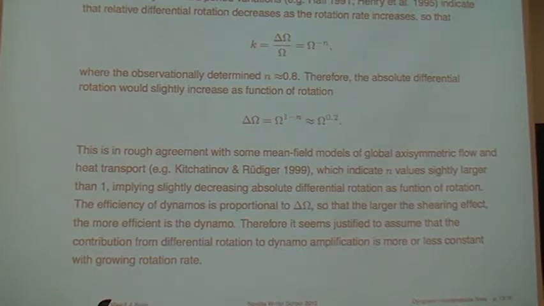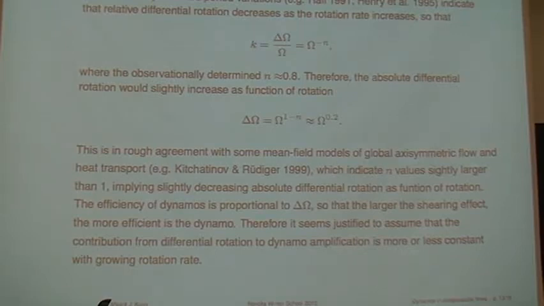You have the absolute differential rotation divided by the rotation rate itself. And this is usually then given by a power law, omega to the power minus n. And from observations you get something like n is close to 1. Which means that your absolute differential rotation is almost independent of omega.